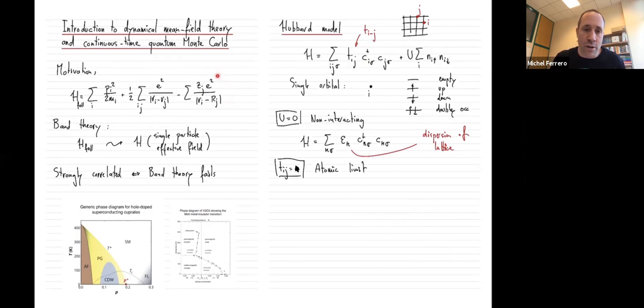Some of them are correlated, some of them are not very correlated. And so there's a lot of activity in trying to do something which is called downfolding. One starts from the set of weakly correlated orbitals, tries to integrate that problem out almost exactly, and projects this into an effective low energy interacting Hamiltonian.